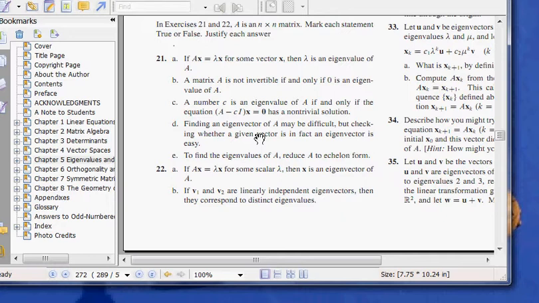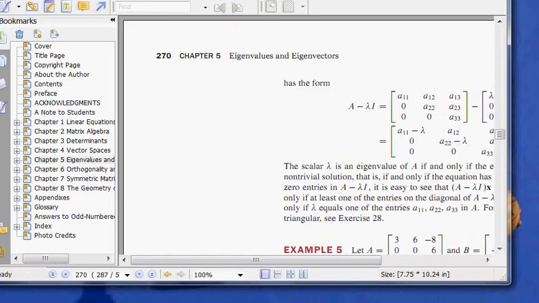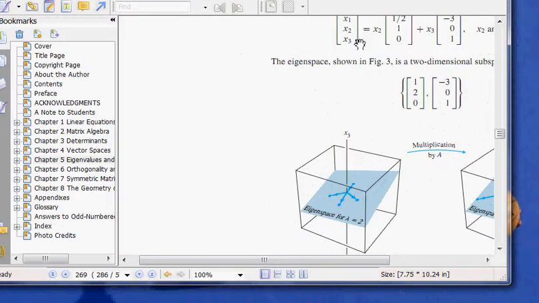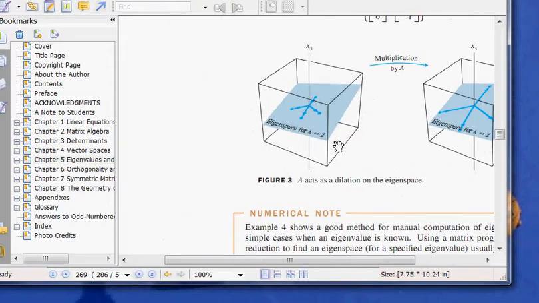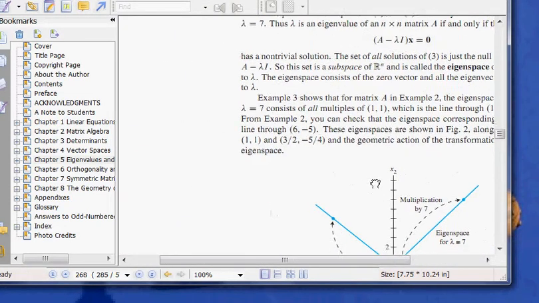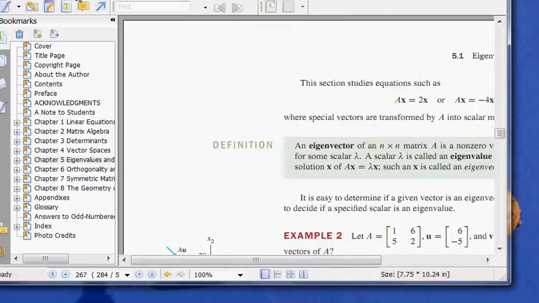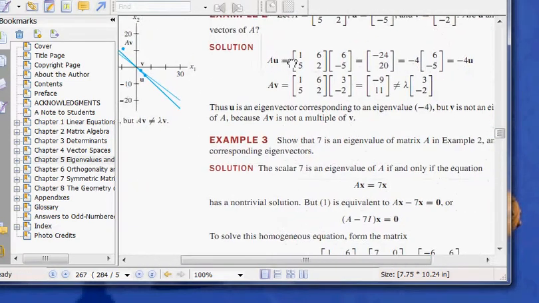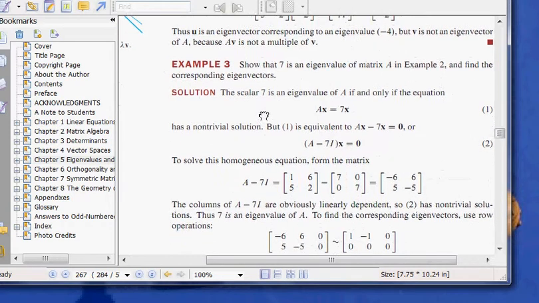Now we go to E. To find the eigenvalues of A, reduce A to echelon form. This is definitely false. Look at this example right here. We went through this.